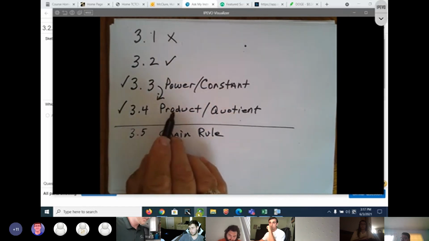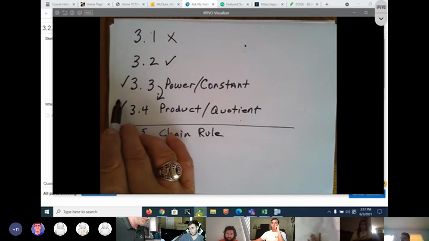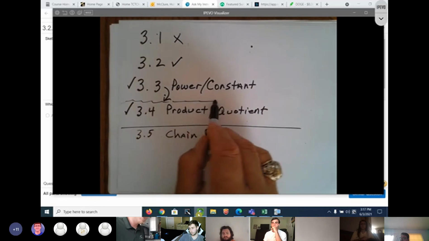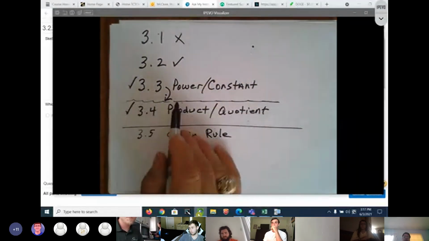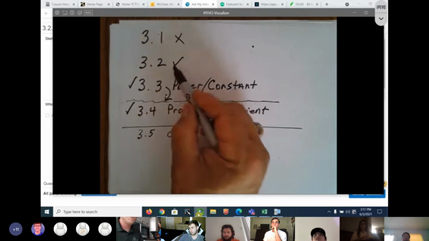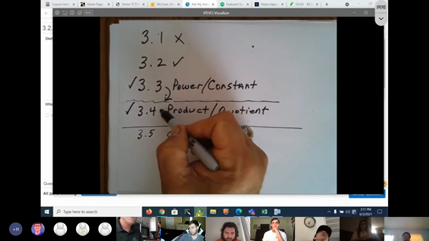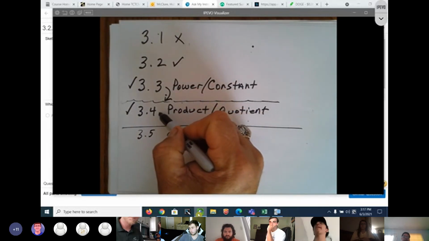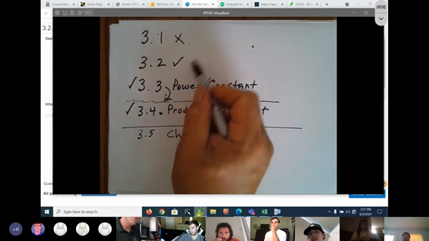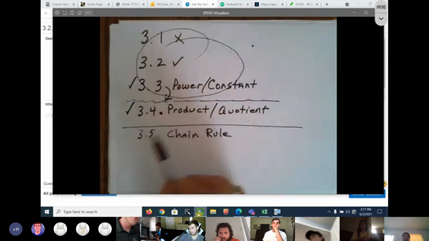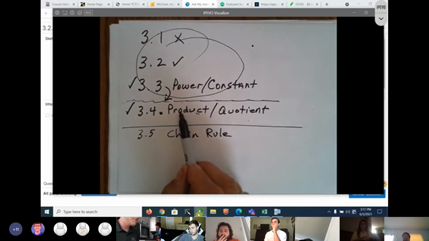We still got to finish product, and this is where you should be as far as the homework. You should be working on these three and maybe tinker with this a little bit, but I'm really not finished with this. So this right here should take precedence over this right now.